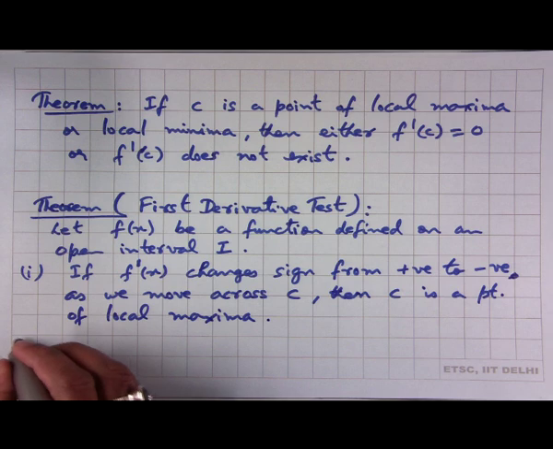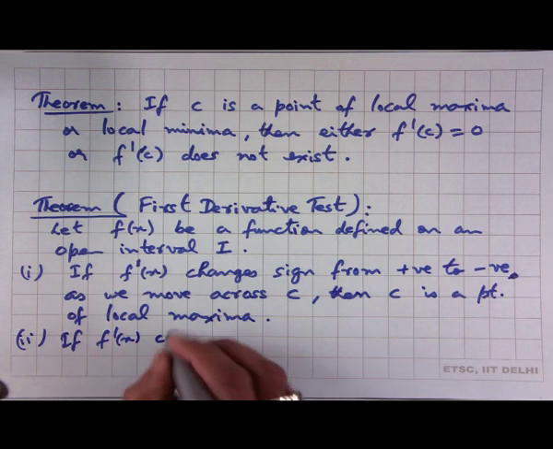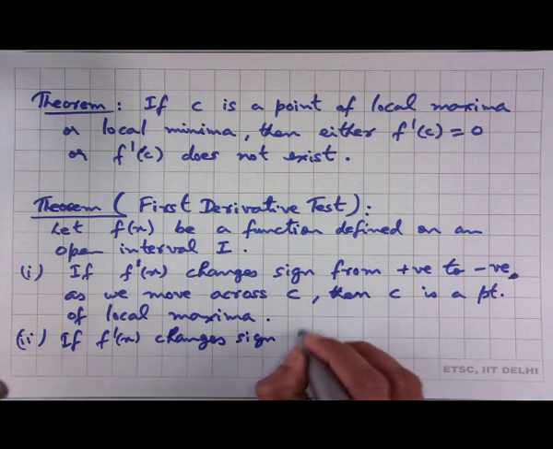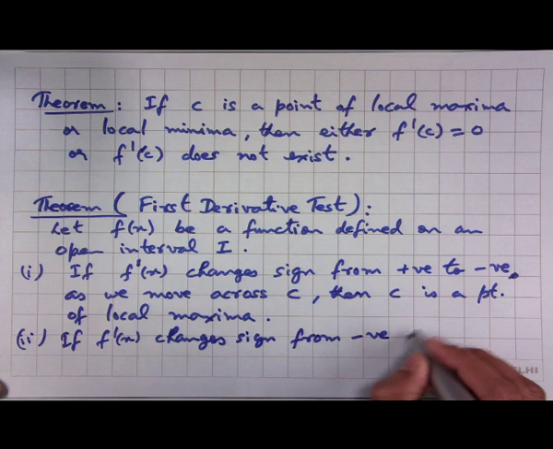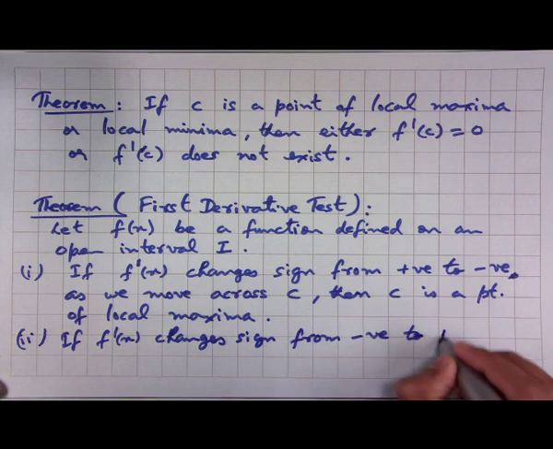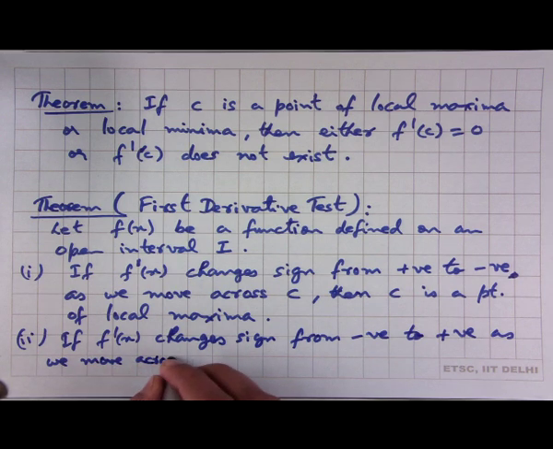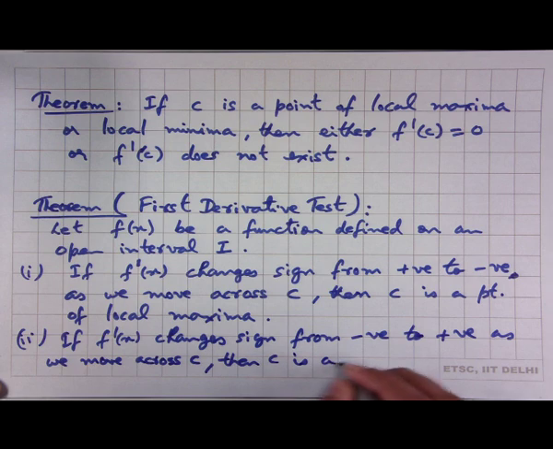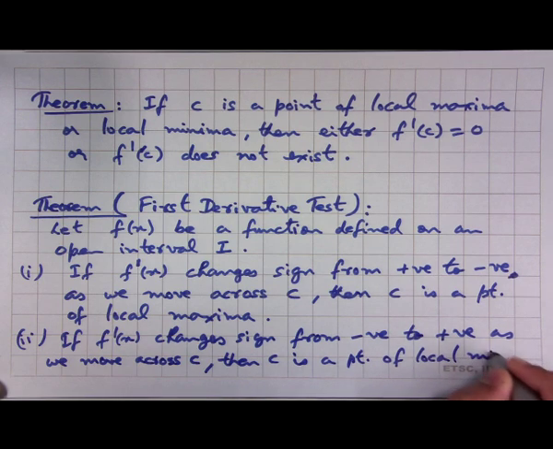Similarly, if f prime x changes sign from negative to positive as we move across C, then C is a point of local minima.